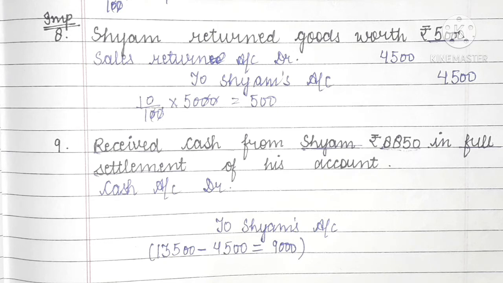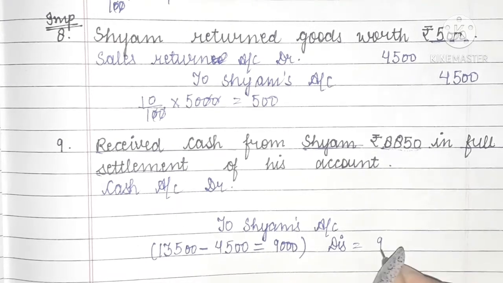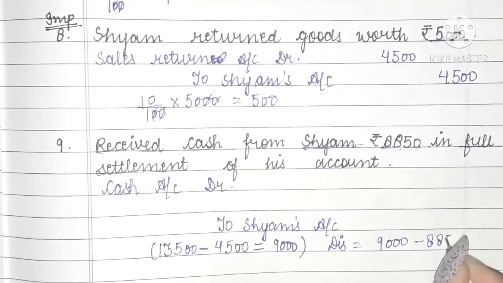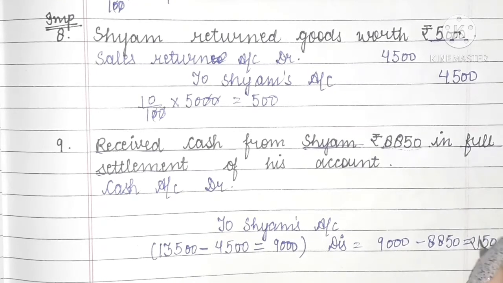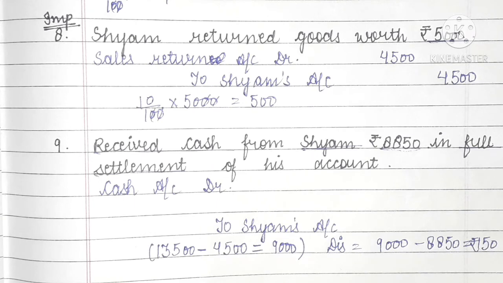So he is getting a discount which is for rupees 9,000 minus 8,850, which is 150 rupees. So as I have said, discount always comes on the same side as cash.